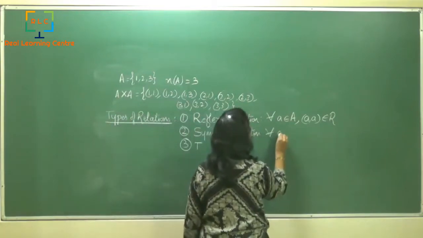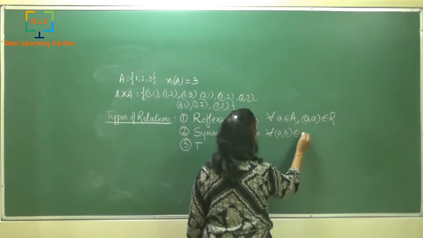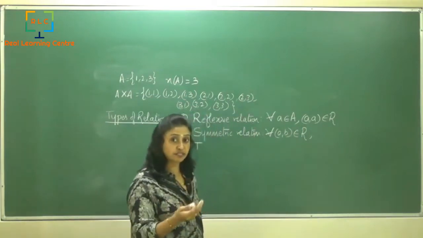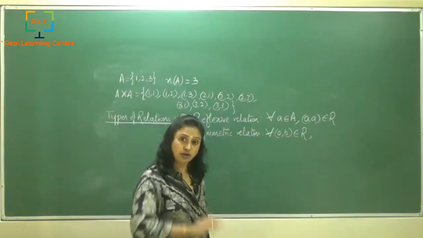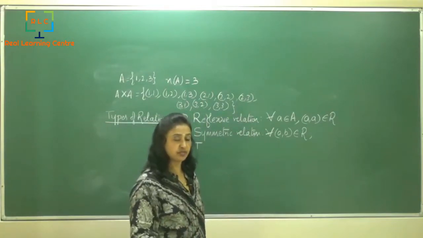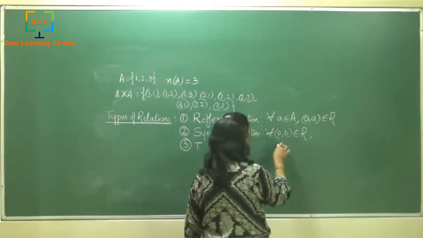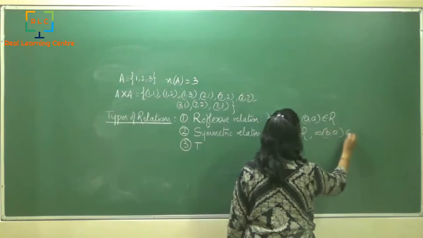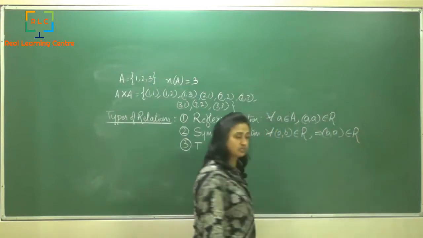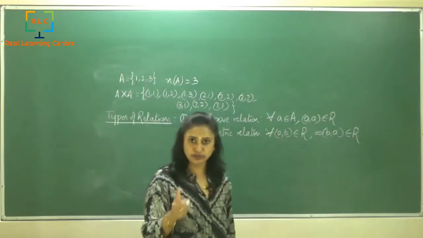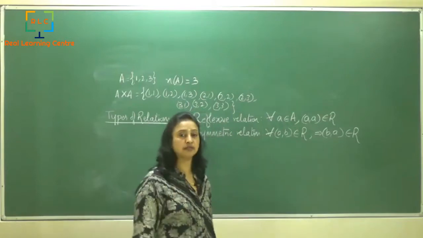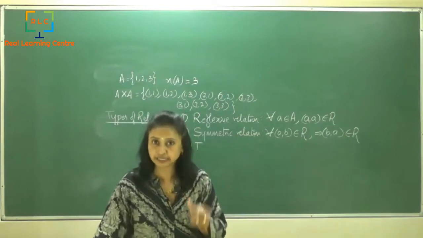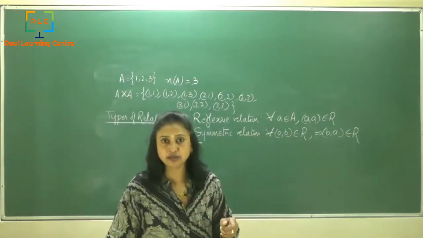For all (a, b) belonging to the relation R, meaning this (a, b) is already present inside the relation, then the vice versa, (b, a), should also be inside the same relation. If you have (1, 2), the reverse (2, 1) also should be present. If that is so for every ordered pair inside the relation, then only it is called a symmetric relation.